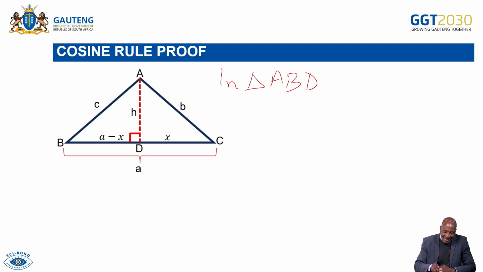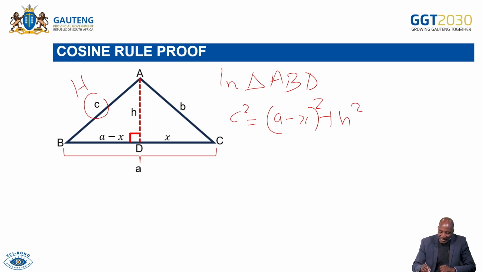We realize that this is our hypotenuse side. So we are going to say the longest side is our c. So c squared equals, according to Pythagoras' theorem, a minus x squared, then plus the other side, which is h squared.